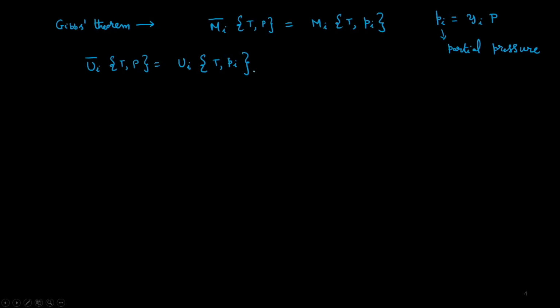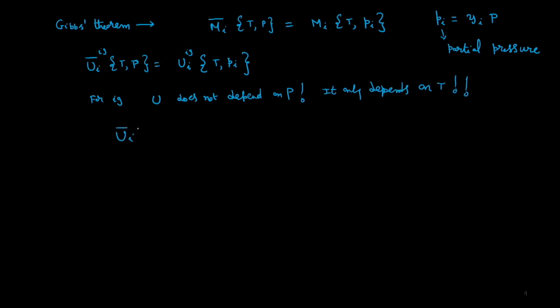The temperature is the same, but this time the pressure has changed to the partial pressure. But this is an ideal gas. For an ideal gas, U does not depend on pressure. It only depends on temperature, if you recall.